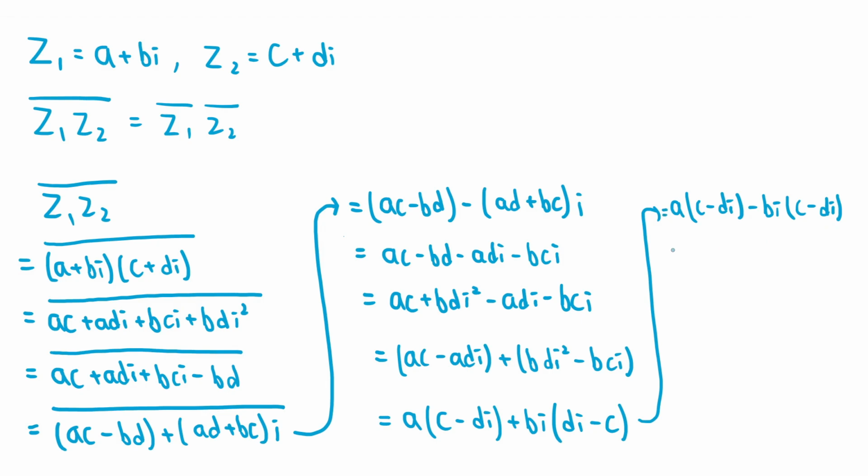And if we continue from here, we can factor this as a minus bi times parentheses c minus di, and notice how a minus bi is just z1 conjugate and c minus di is just z2 conjugate. So this is just equal to z1 conjugate times z2 conjugate. So we have confirmed that z1 z2 conjugate is just equal to z1 conjugate times z2 conjugate.